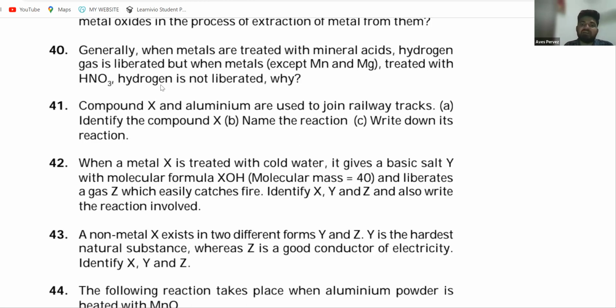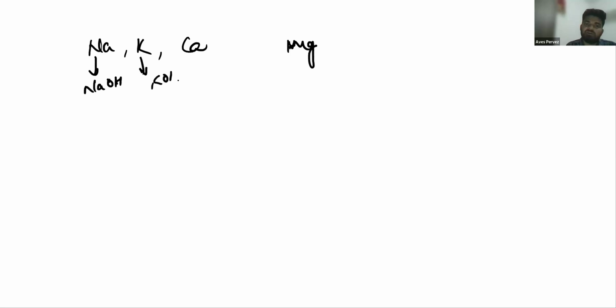How many elements can react with cold water? Sodium can react with cold water, potassium can react with cold water, and calcium can react with cold water. Magnesium cannot react with cold water. So it can be either NaOH or KOH; it can't be calcium, because the formula would be X(OH) twice, not XOH.